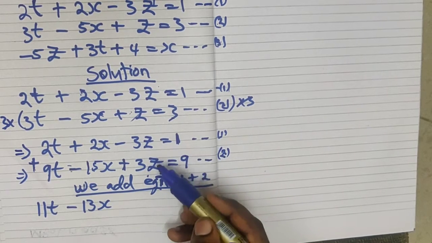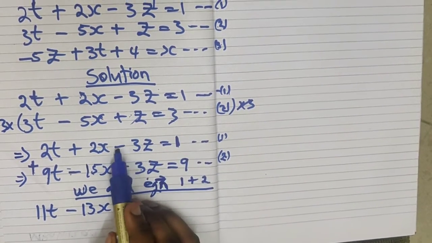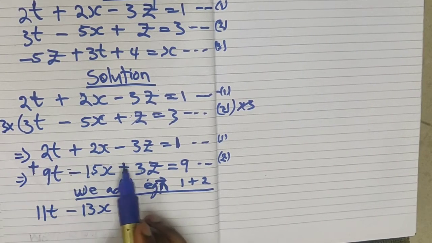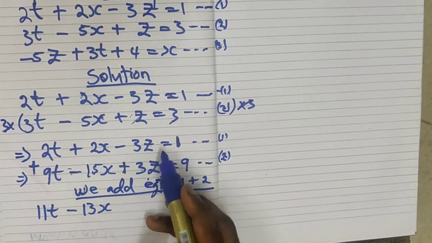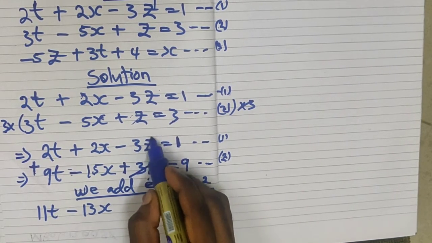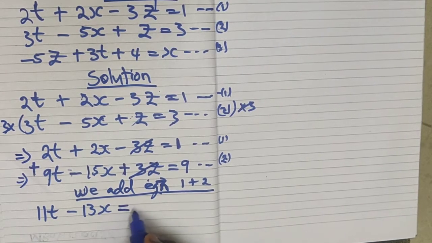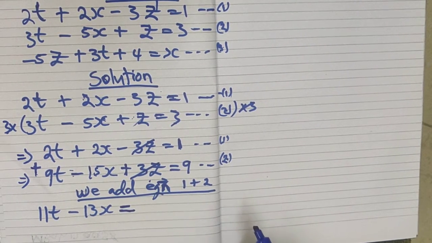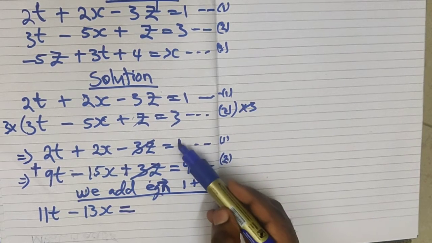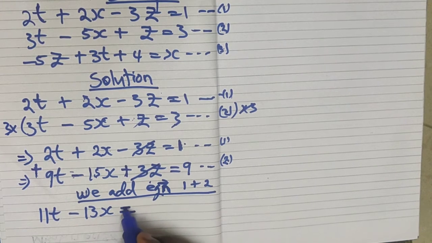and now if you add negative 3z plus 3z, it becomes 0. So this and this will simply cancel out. So we are left with the equal sign, and 1 plus 9 is 10.